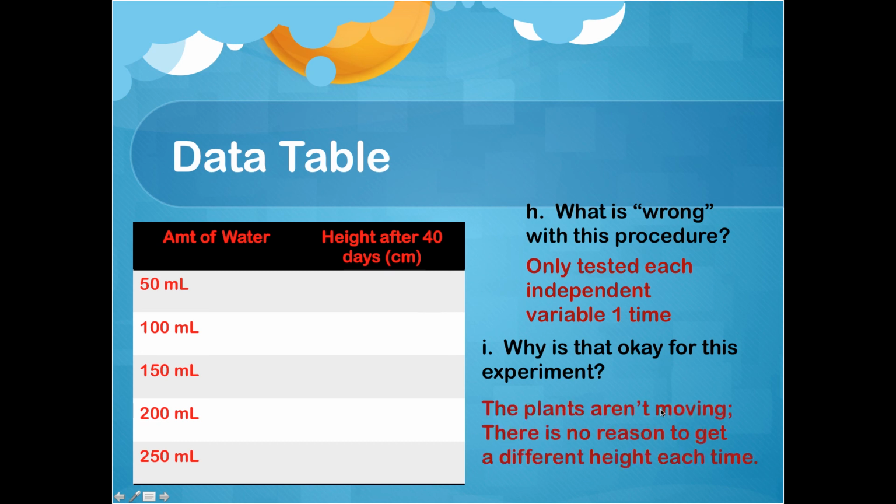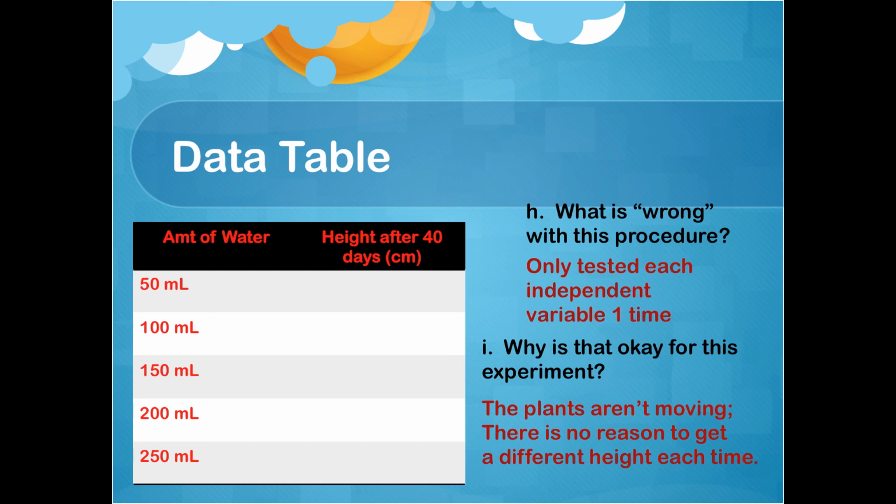We're measuring plant height. There's no reason to get a different height each time. They're not moving. It's not timing something that's changing. We're just holding the plant and measuring the height. So remember that 2 to 3 trials is for things like when you have to start and stop a stopwatch, or you have to measure something that's moving, like the movement of a car or something like that. So remember that when we're thinking about procedure, there is a little bit of variety that would be okay there.